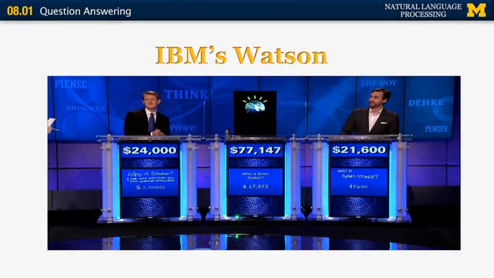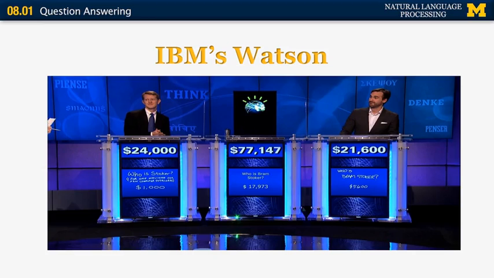And probably the most famous and at least the most relevant to this class is IBM's Watson system. So a little bit of background, IBM's Watson system is a question answering system that was used on television to play in the Jeopardy game in the beginning of 2011. So this is a snapshot from the TV show. It shows the two best humans at that time who were facing against Watson.